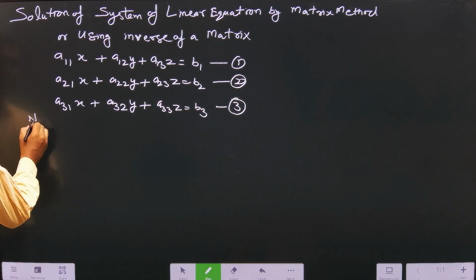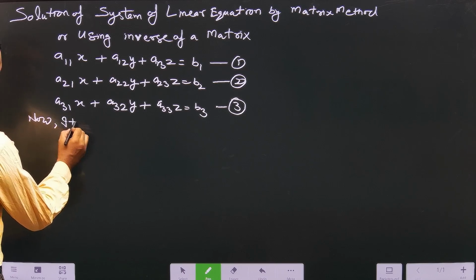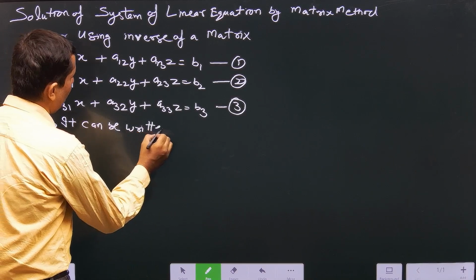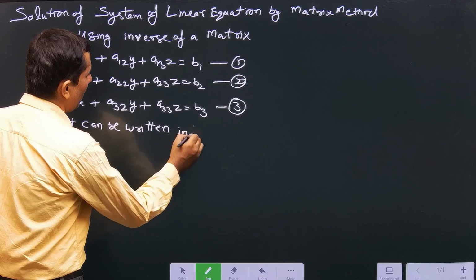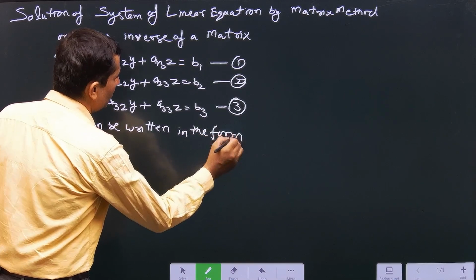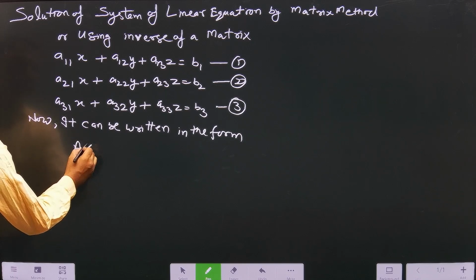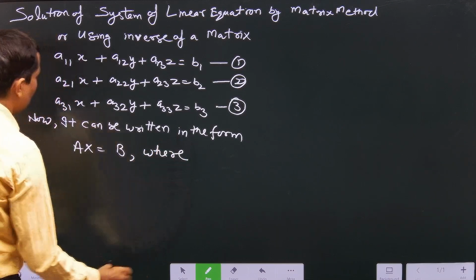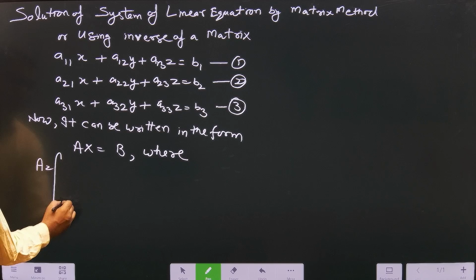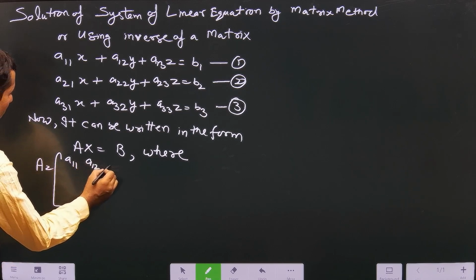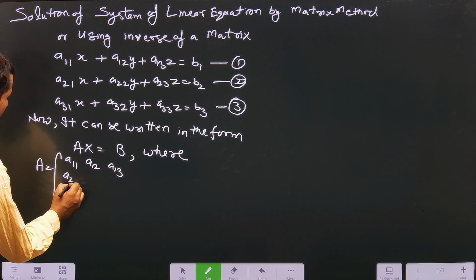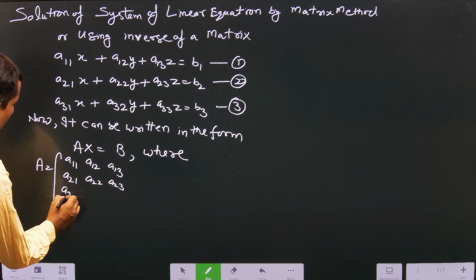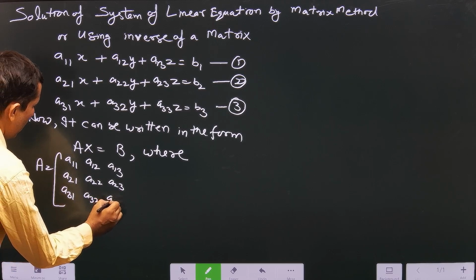And now it can be written in the form AX is equal to B, where your A is the matrix with rows a11, a12, a13; a21, a22, a23; a31, a32, a33.